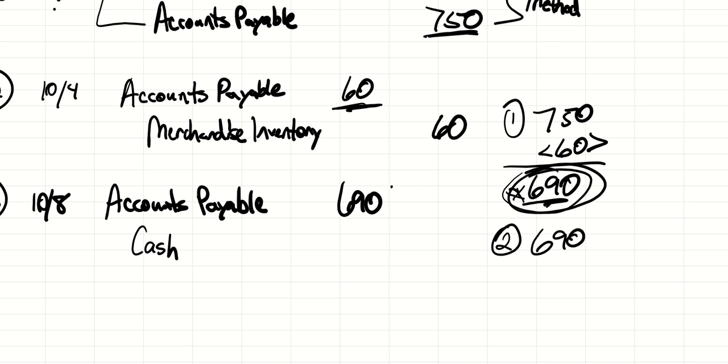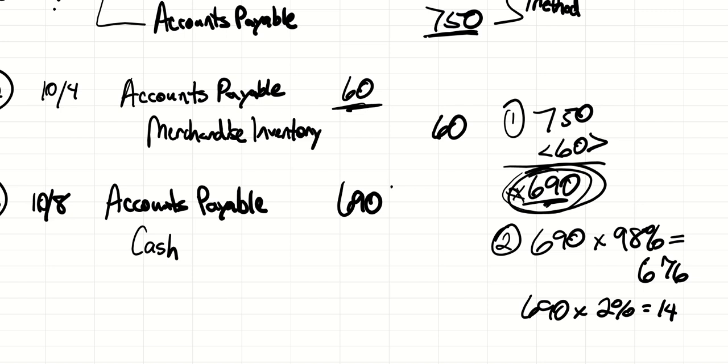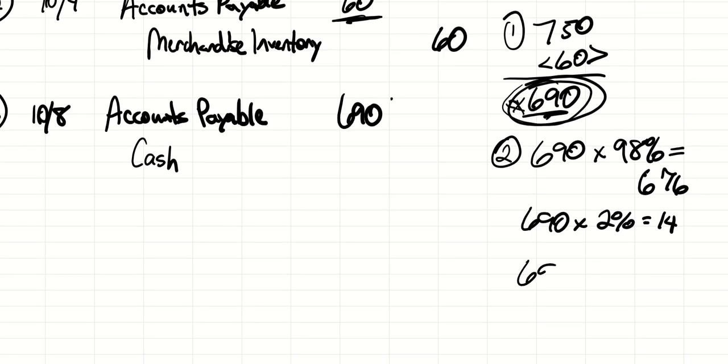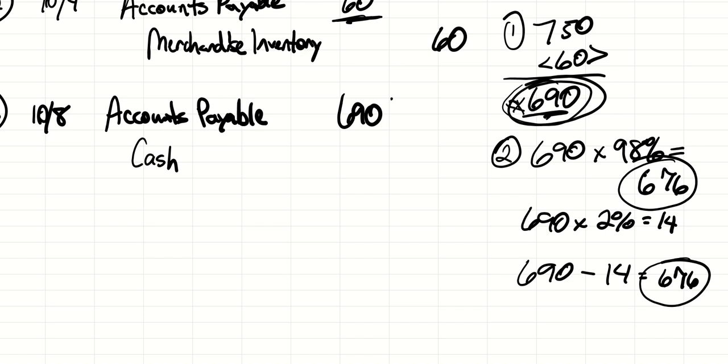We're going to take $690 and multiply it by 98%, which is $676, or you can do $690 multiplied by 2%, which should give you 14. Take $690, subtract out 14, and that gives you $676. Either way you get to the correct answer, that's fine, as long as it's that amount.